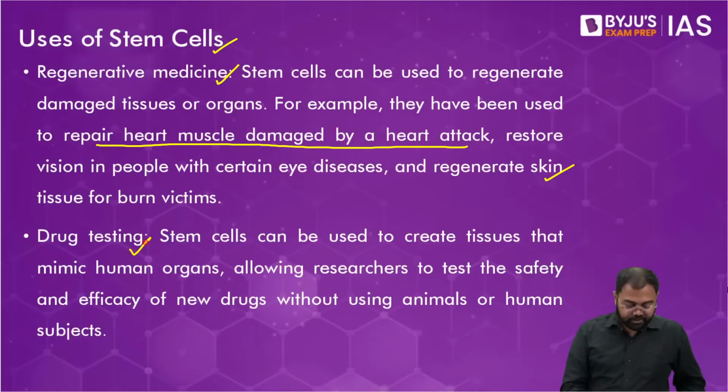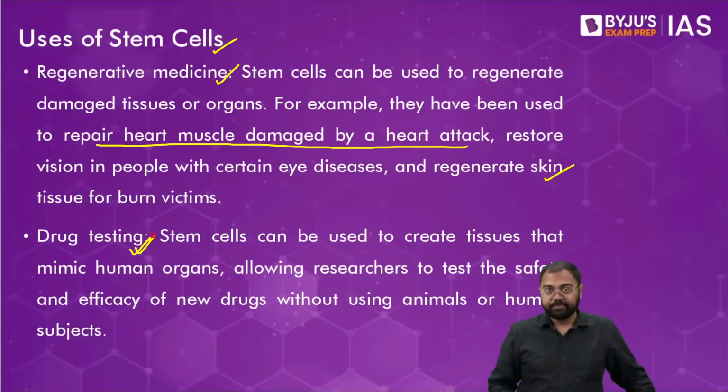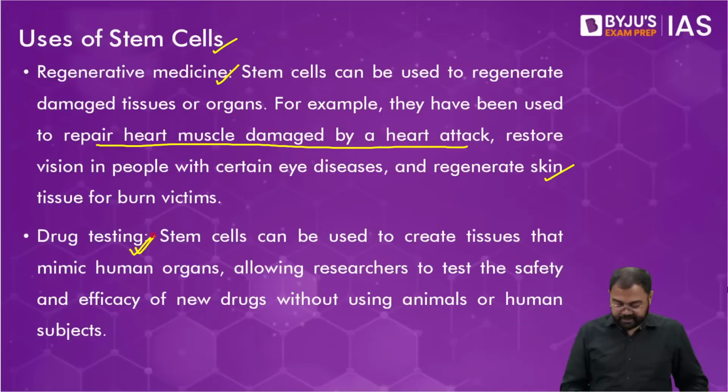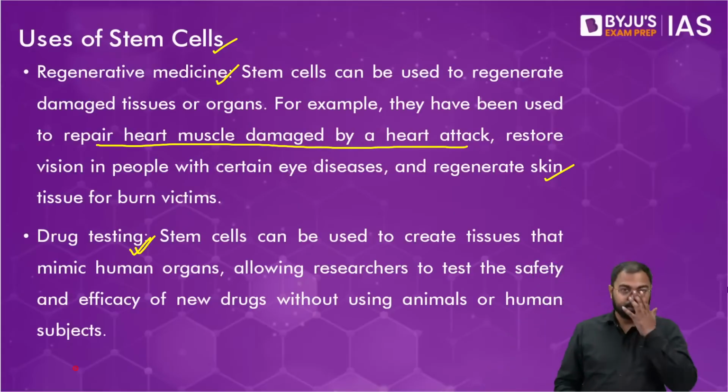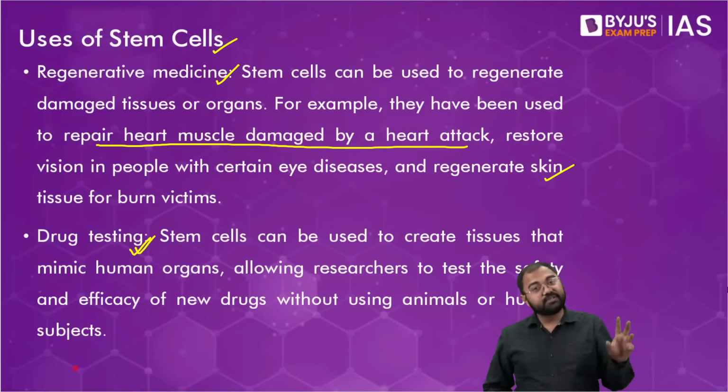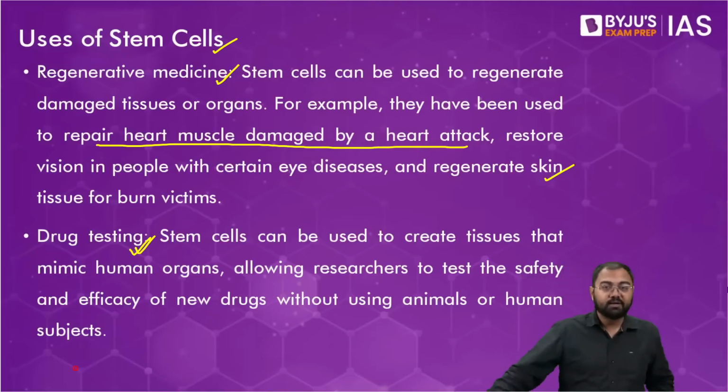Similarly, it can also be used for drug testing. Now, in drug testing, basically what we do is first we try to grow a tissue or an organ from the stem cell, and we do all the testing of the drug on that tissue, cell, or organ.